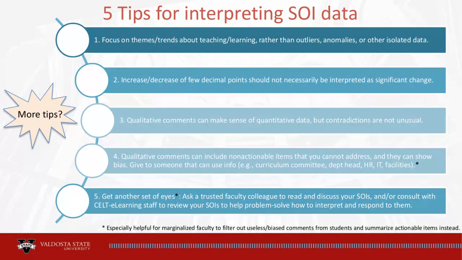Or y'all can meet with me or e-learning folks or other staff in CELT and e-learning to help you problem solve how to interpret and respond to your SOIs. I've done that with a number of faculty. So that's really important for those of us who, as I said, may get biased SOIs or really feel like some of the comments, especially in the qualitative data, are irrelevant.